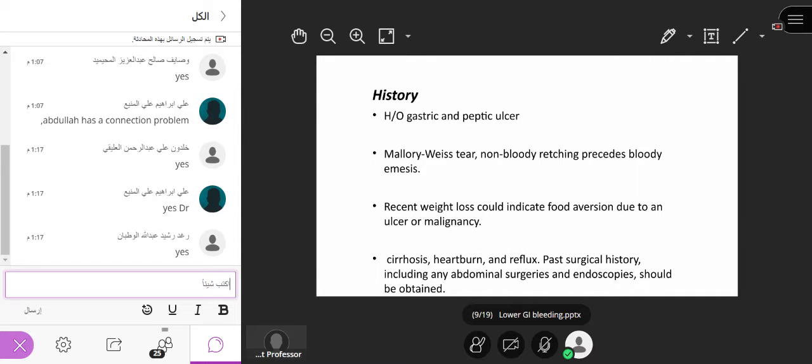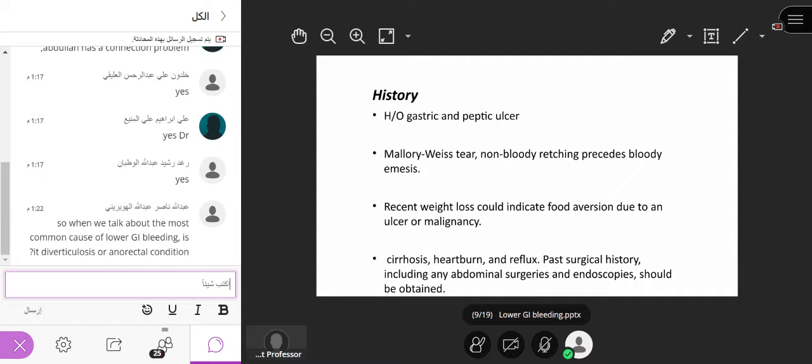So how do you take history? When we talk about differential diagnosis, it would be many: inflammatory process, cancer process, diverticulosis, angiodysplasias, pathological coagulation process.